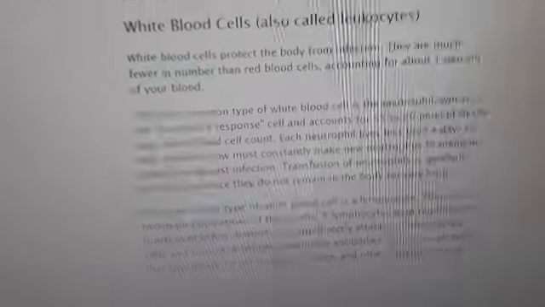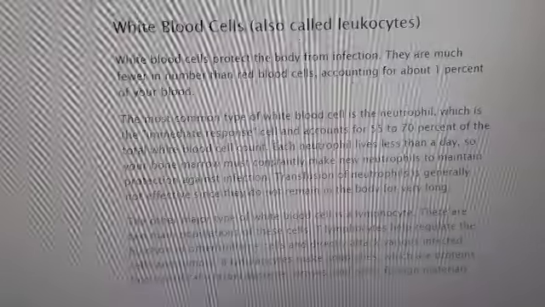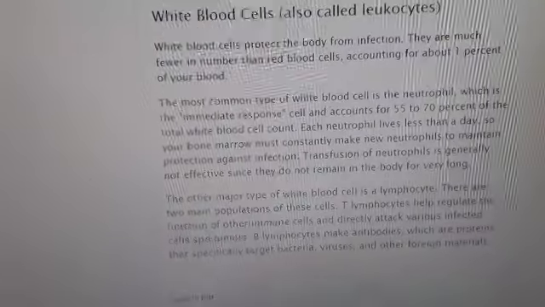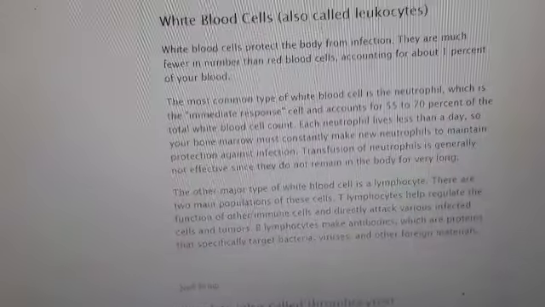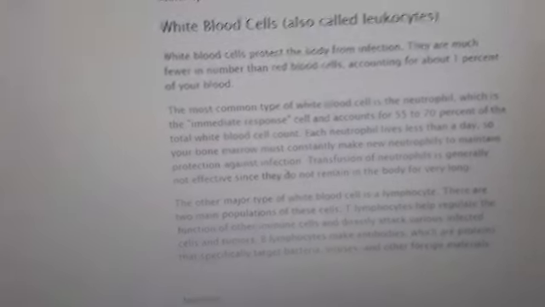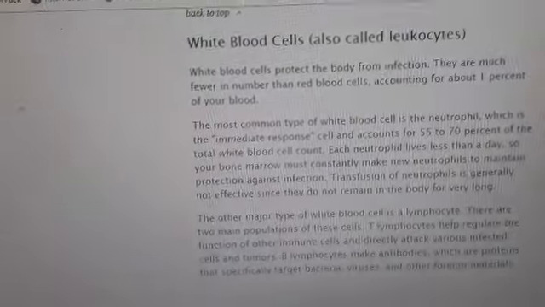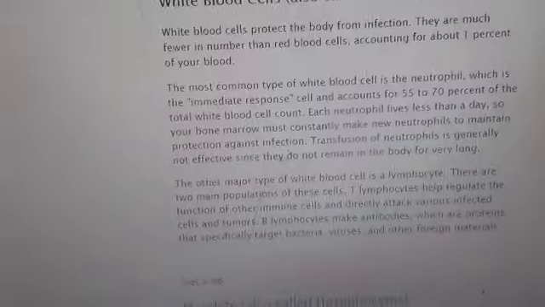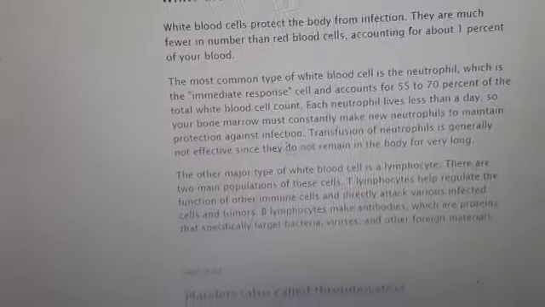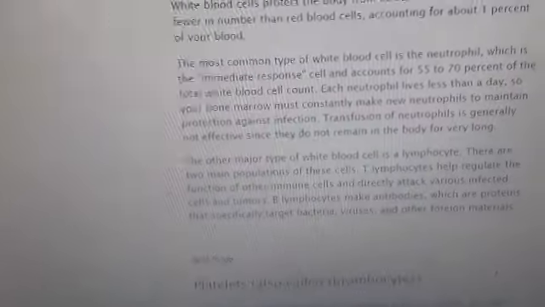Okay, now comes the types of the WBCs. The WBCs are 2 types, granulocytes and agranulocytes. Granulocytes are divided into 3 types, that is acidophil, basophil and neutrophil. And agranulocytes are monocytes and lymphocytes. Okay, and they have different functions.